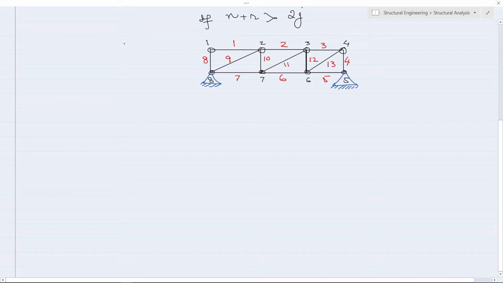We know that from equilibrium equations we have sigma Fx equals to 0, sigma Fy equals to 0, and then sigma M equals to 0. So that means we have 3 equilibrium equations and we can evaluate only 3 unknowns. But how many unknowns are here?